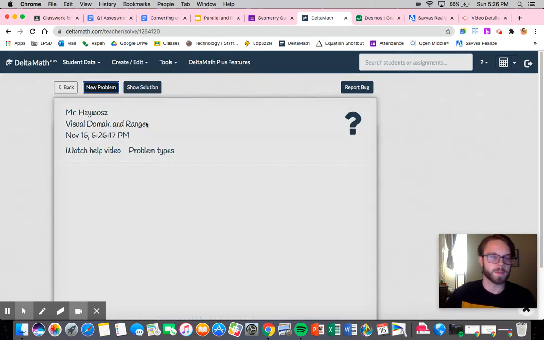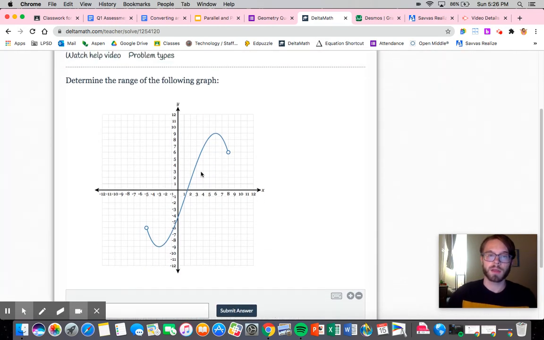Let's do a couple more for good measure. Let's do a new problem. The range, again, we're going to go from the bottom. Here's our bottom, our -9, and we're going up to the top of 9. Now, even though the endpoints here are both open circles, because the bottommost point and the topmost point, the minimum and the maximum, are on part of the curve, we are going to say we have our closed circles, right?